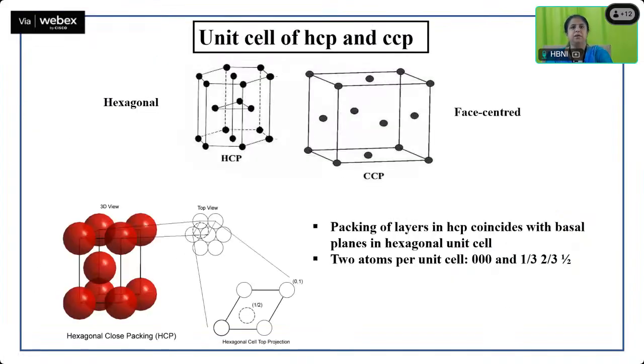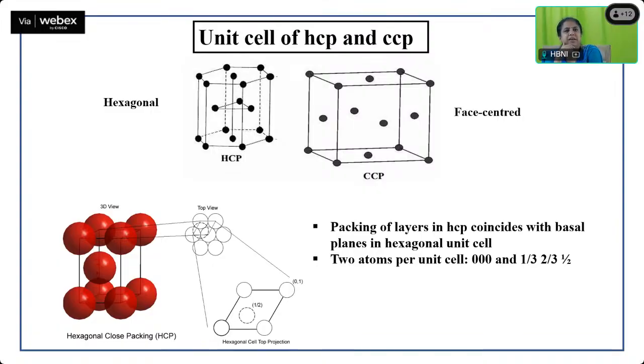Now, what is the unit cell of the CCP? Now it is a little trickier to understand, but let's see. First of all, let me tell you that the unit cell of CCP, that is cubic close packing, is your face-centered cubic. When I say face-centered, we did it yesterday: atoms at the corners and atoms at the center of all the 6 faces of the cube.